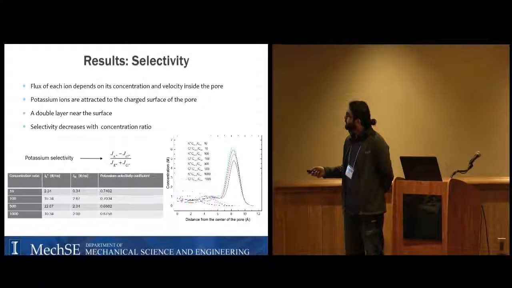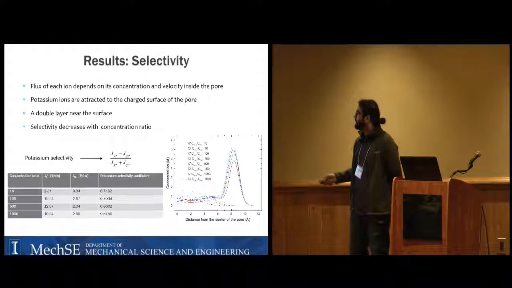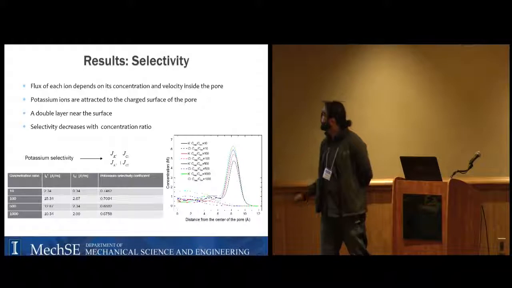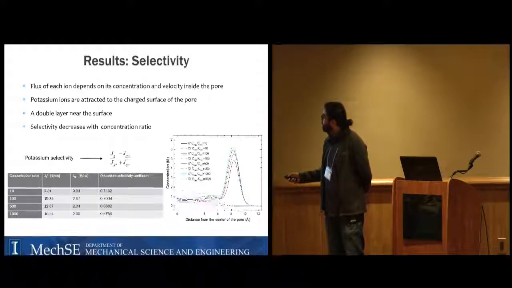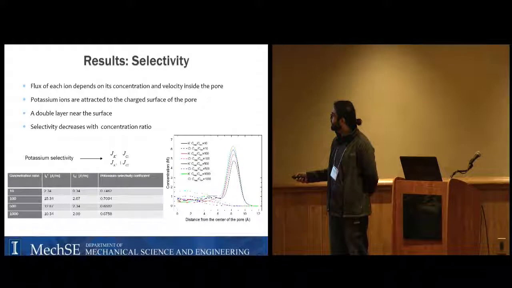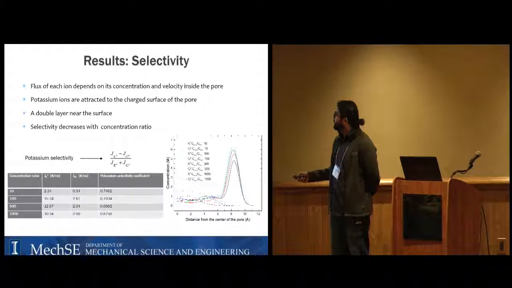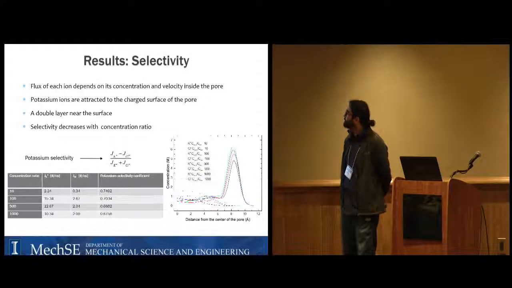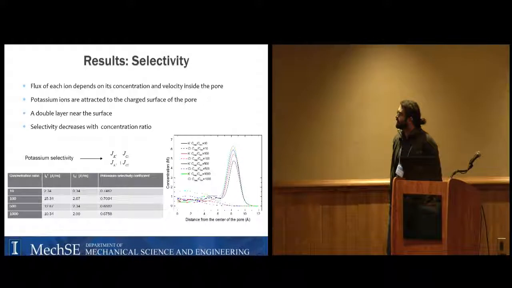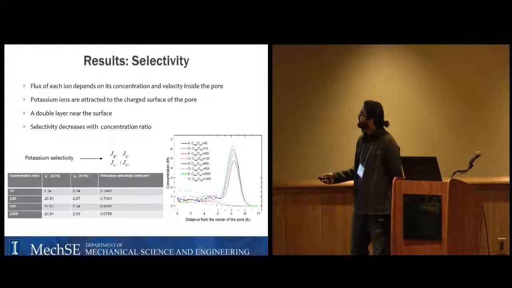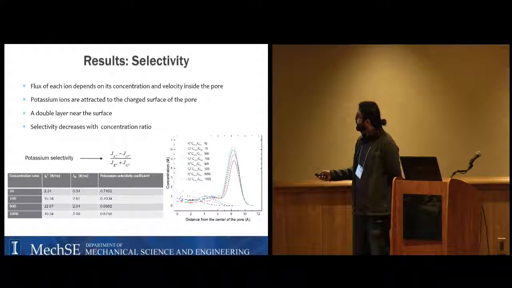If we look at different concentration ratios, 10, 100, and 2000, we see that we have almost 60 to 70% potassium selectivity in the system.